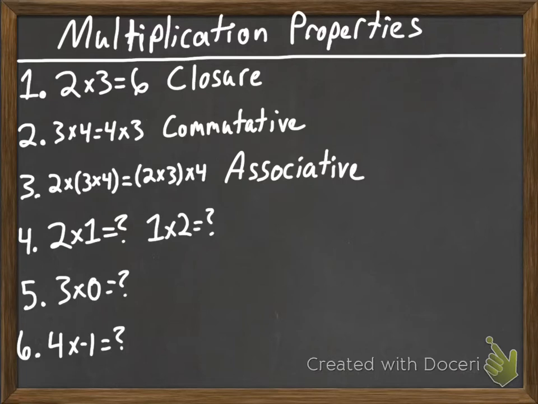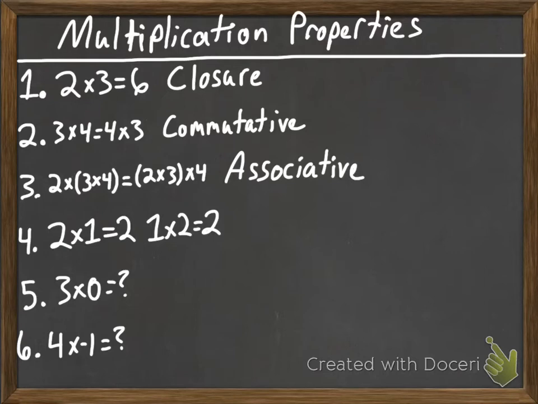Now for 4, you had to solve for the question mark. And if you solve for the first one, you see that 2 times 1 is 2. 1 times 2 is 2. And you know that's true by the associative property that we just talked about. But this also looks kind of weird, because what does 1 do in multiplication?